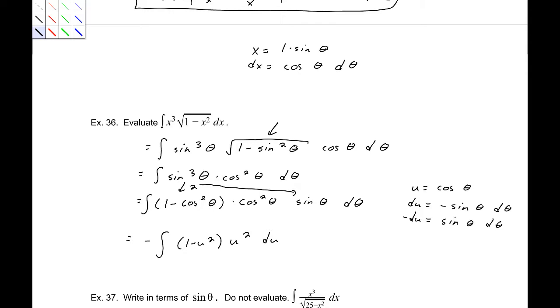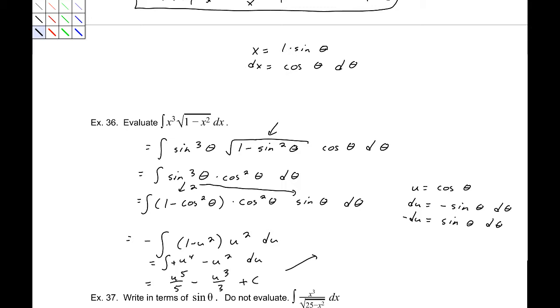Once I distribute that, that will be minus u to the 4th, which I'll go ahead and factor that in. That's going to be a positive u to the 4th, and then we have a minus u squared du. So u to the 5th over 5 minus u cubed over 3 plus c is my integral.